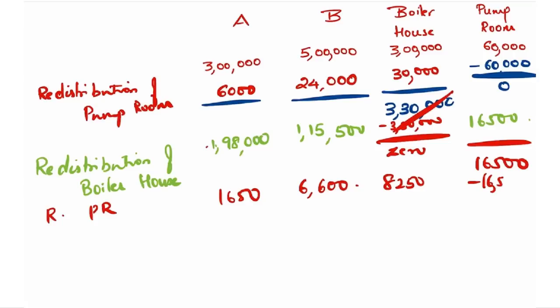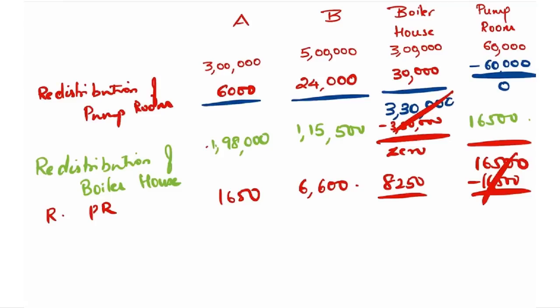So this became 0. Now I have 8250 which I have to divide, that's my boiler house, between A, B and the pump house in the ratio of 60, 35 and 5.